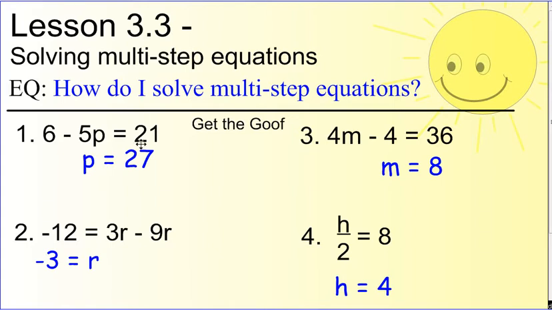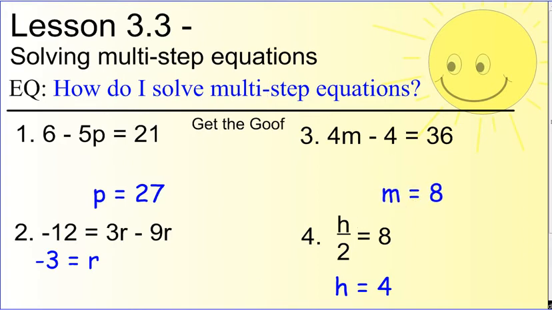Okay, so let's start by looking at some of our get-the-goofs. These are all two-step equations. So the first problem here, the variable has this 6 that's being subtracted from it, and this 5. Well, remember, this 6 out front, it's not a minus 6. You don't read the problem this way.